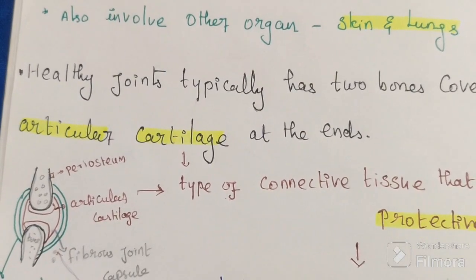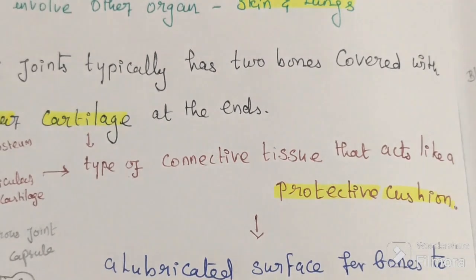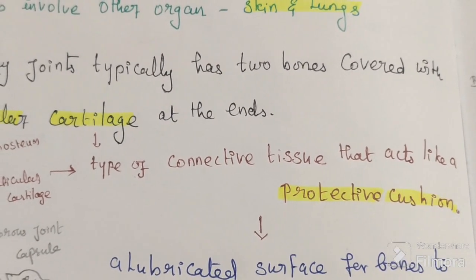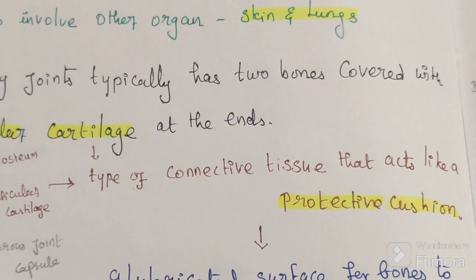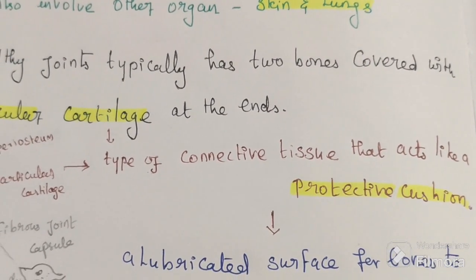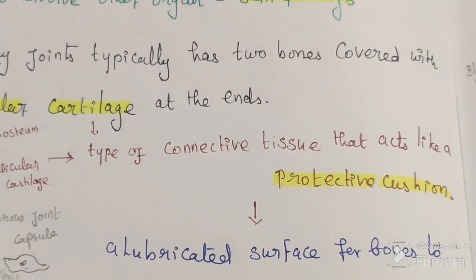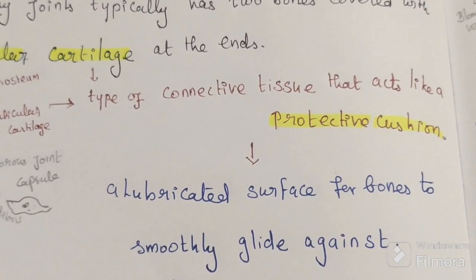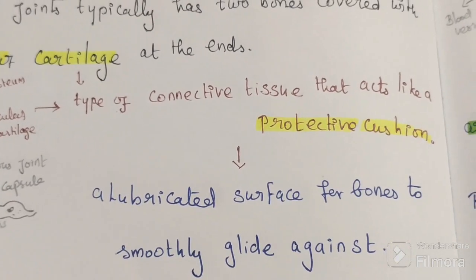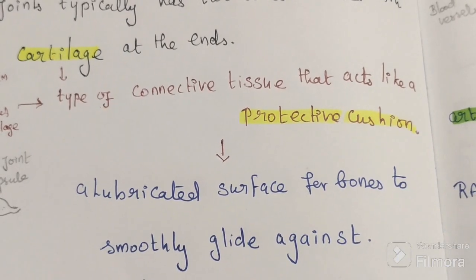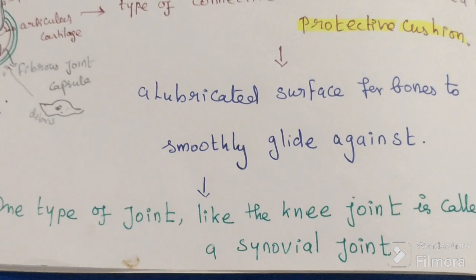Articular cartilage is a type of connective tissue that acts like a protective cushion, a lubricated surface for bone to glide against smoothly.